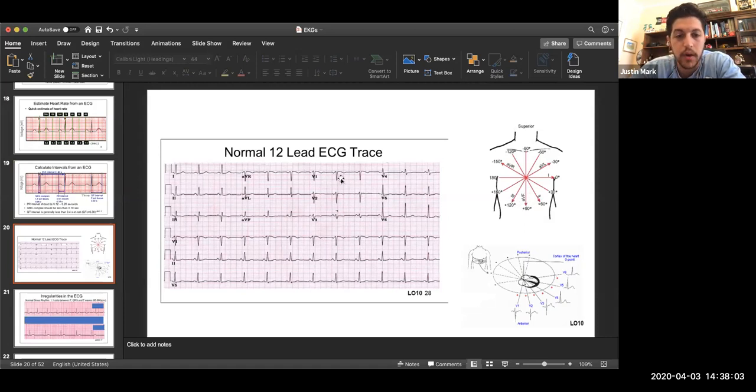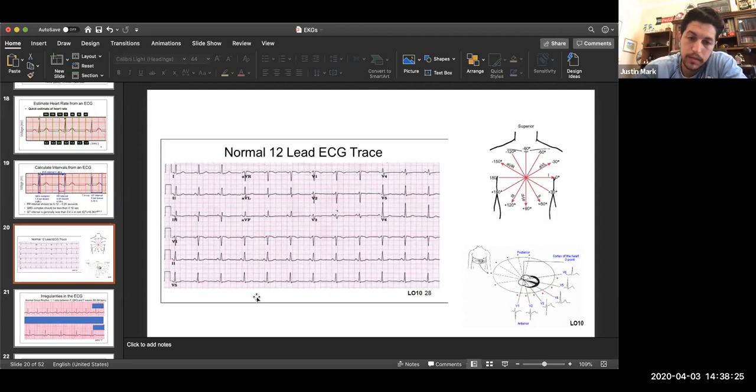And then we look at our precordials. We see that we have a good progression of R waves. We see that the R wave overall starts to flip, and then by V6, we have a positive deflecting R, or QRS. These 3 down here, I don't know why they pick 3 rhythm strips.